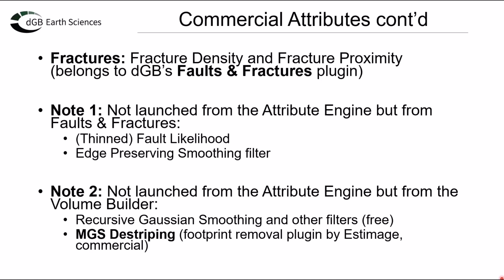Similarly, the edge preserving smoothing filter is only in the faults and fractures plugin and not in the Attribute Engine. Second note, we also support a number of filters from the volume builder. A free plugin in this context is the recursive Gaussian smoothing filter, which is an extremely fast smoothing filter, and also a plugin developed by dGB, MGS destriping for footprint removal, is found in the volume builder and not in the Attribute Engine.